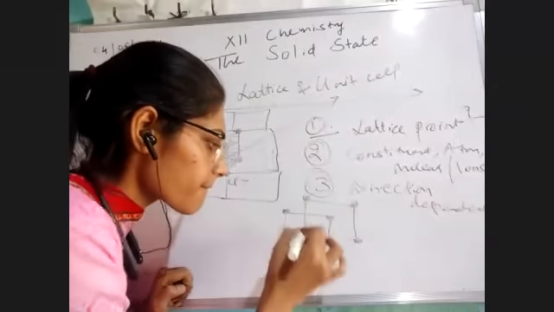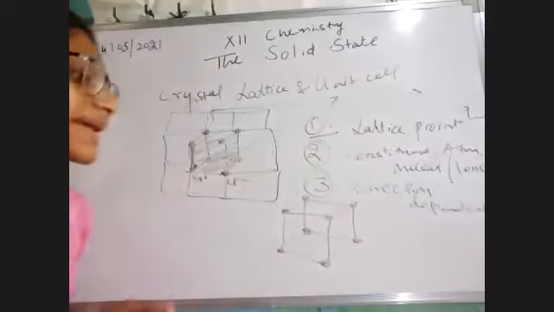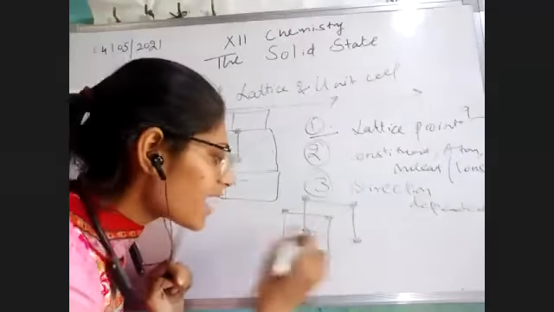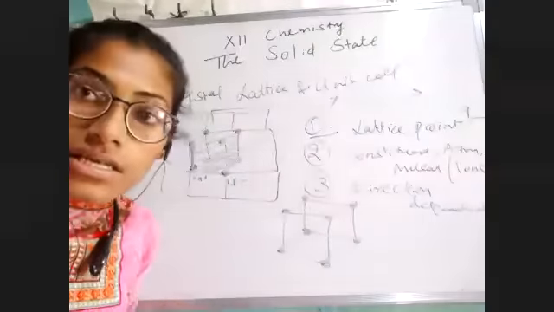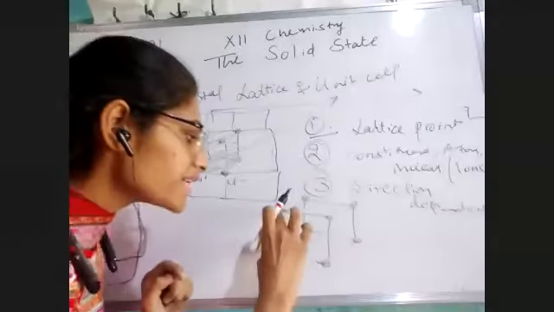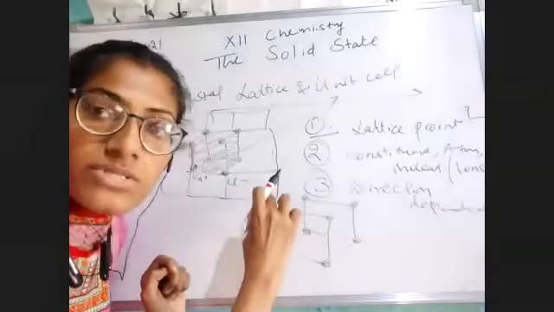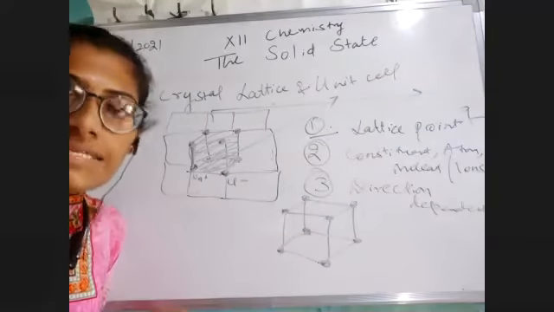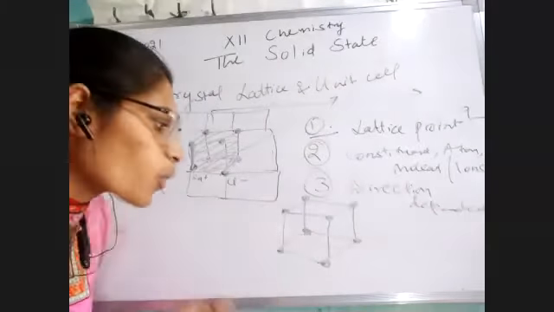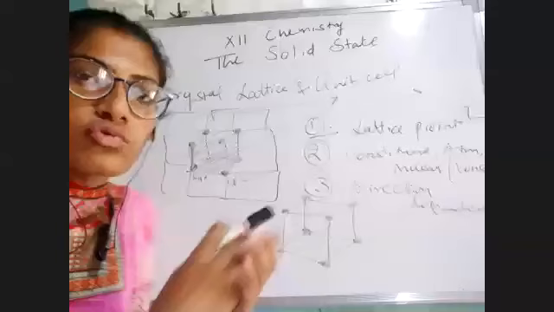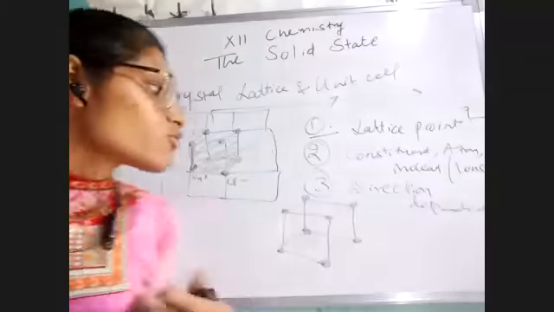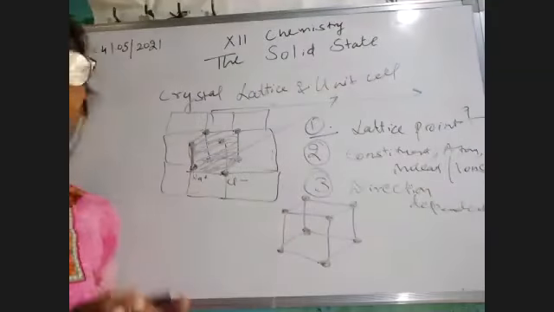And these lines are actually the bonds between these two ions or atoms or molecules. So these lines are a representation of bonding between these two atoms. Okay, this was the third property of crystal lattice.